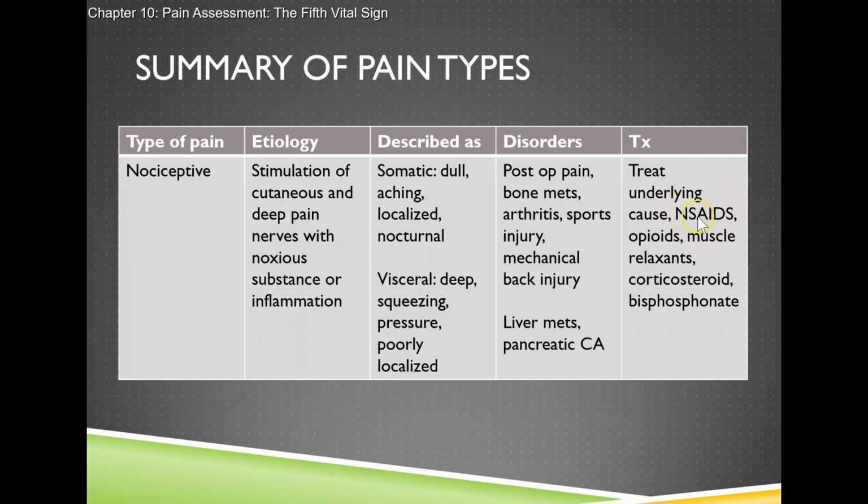You can always use NSAIDs, something like a Motrin, opioids, which can be used for pain, muscle relaxants, steroids, and bisphosphonates. Those are the things that you use for the treatment of the various types of pain.